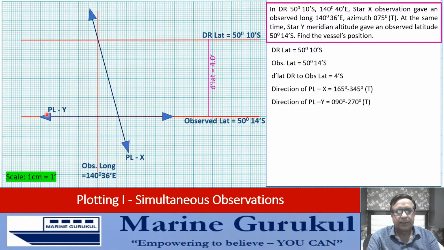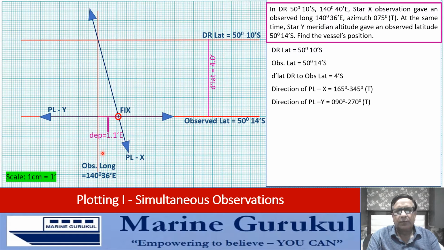So here is the PL for star Y, which you can say should have been drawn through observed lat and DR long, but since it's east-west, it doesn't matter whether DR long is marked or not. Now the two PLs being for the same time, they intersect here. So this becomes the fix of the vessel. And what do we see? The latitude of the fix is the same as the observed lat. And this distance is the departure of the fix from the observed long.